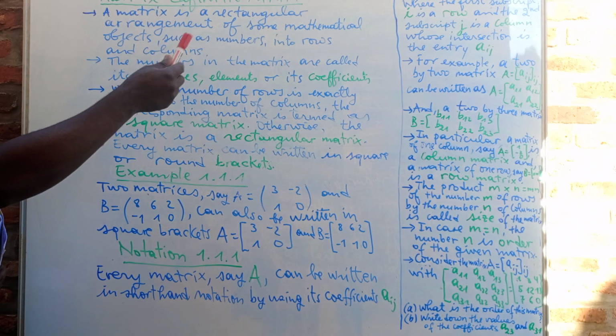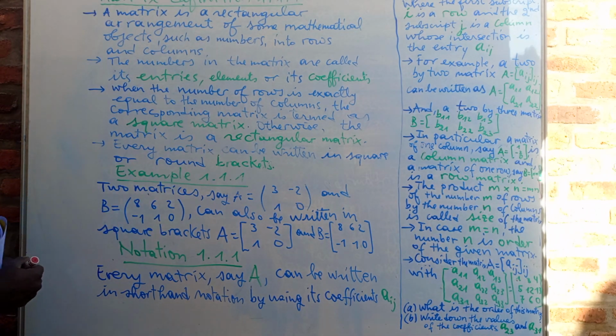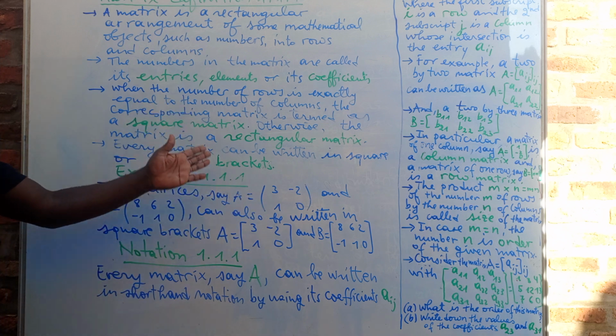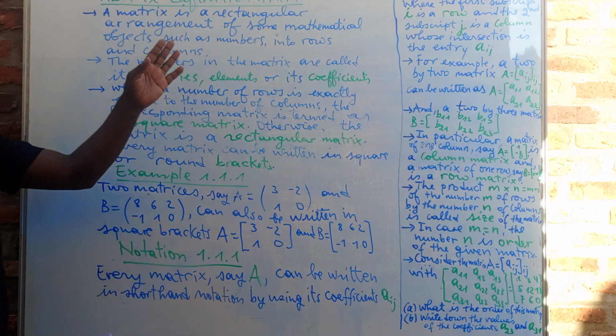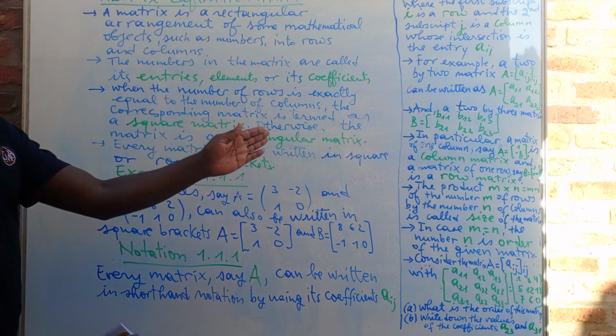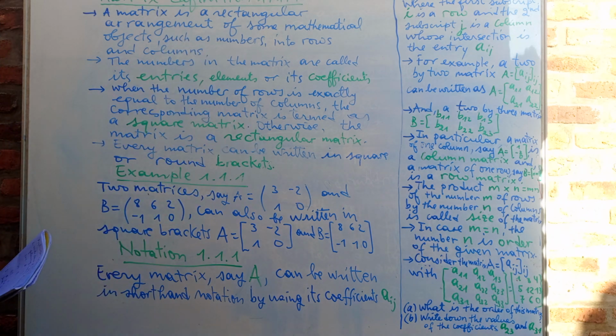There may be many definitions of matrices, but the most common is just a rectangle of data arranged in rows and in columns.